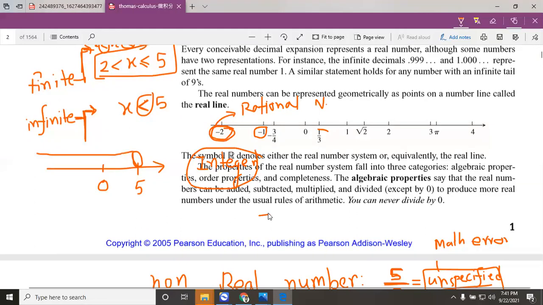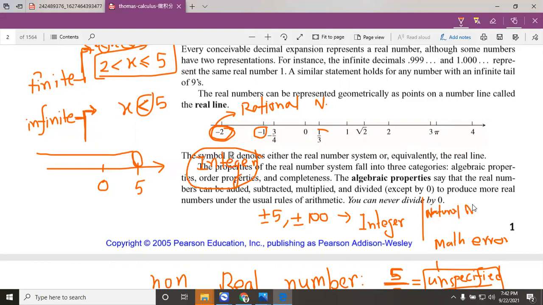Integer is something like this, plus minus anything, okay, like +-5 or +-100. This is called integer. And natural number is something we use when we count some people, okay, like 1 person, 2 people, 3 people.